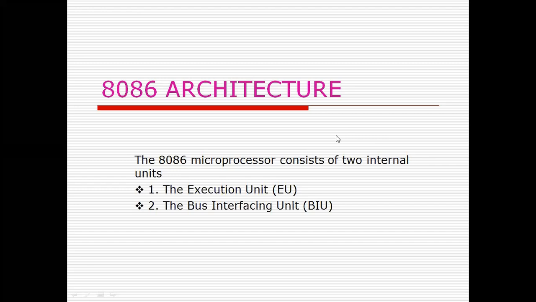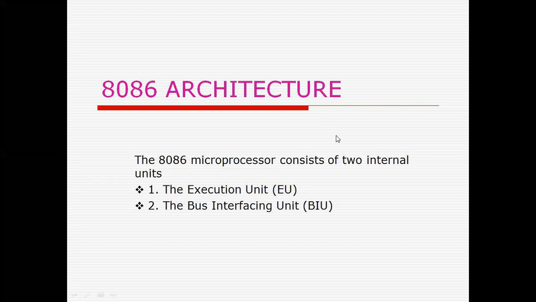The process of data manipulation and communication is determined by the logic circuitry of the processor. So that is called the architecture. You can define it this way, the architecture of the processor.